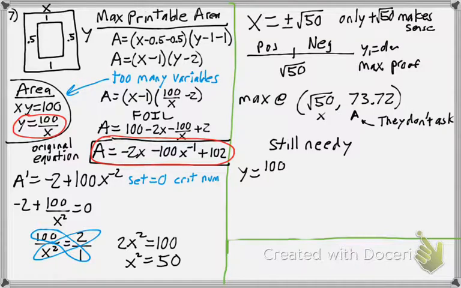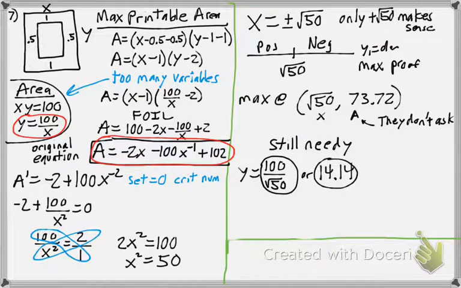So 100 over the square root of 50, which that would be an exact answer. So this is okay. Or 14.14 if you get the decimal.